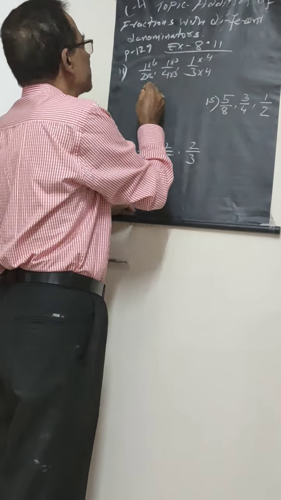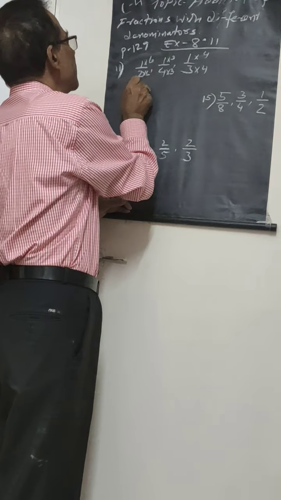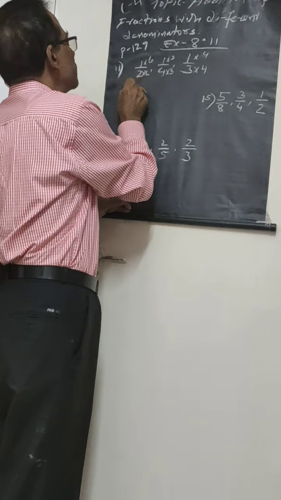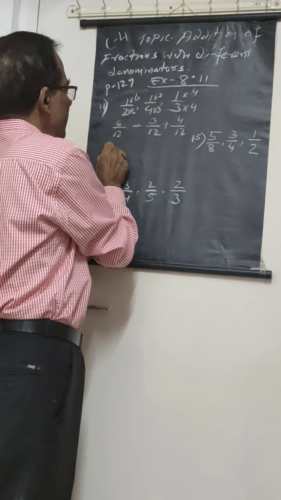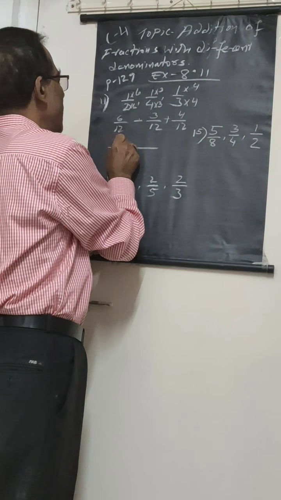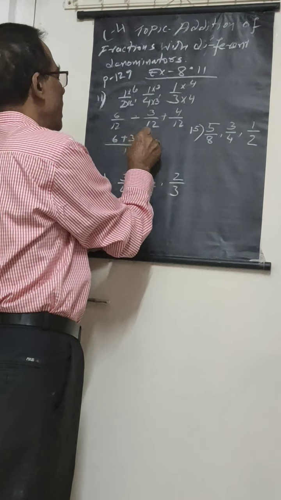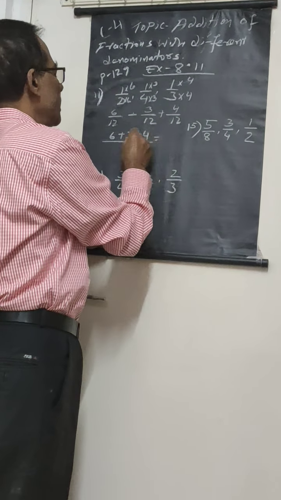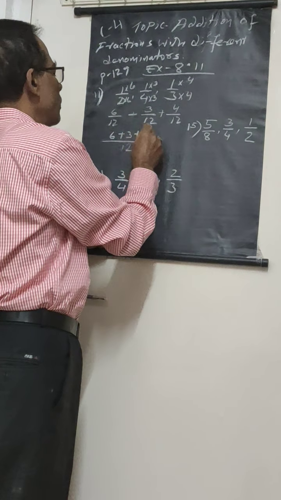Now all the denominators are the same. 6 by 12 plus 3 by 12 plus 4 by 12. Now take 12, and 6 plus 3 plus 4 is how much? 9 plus 4, 13 by 12.